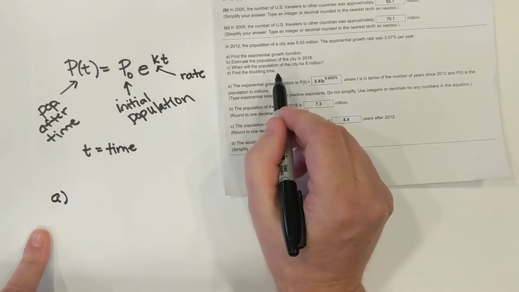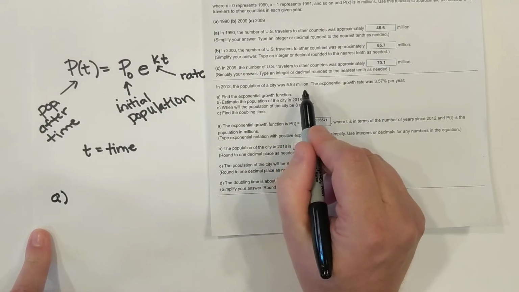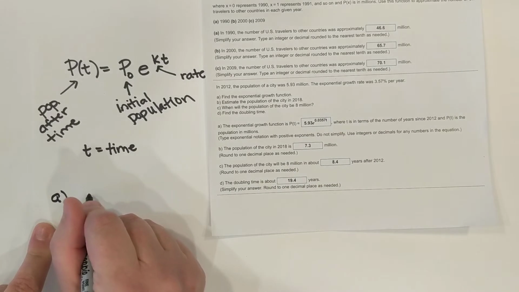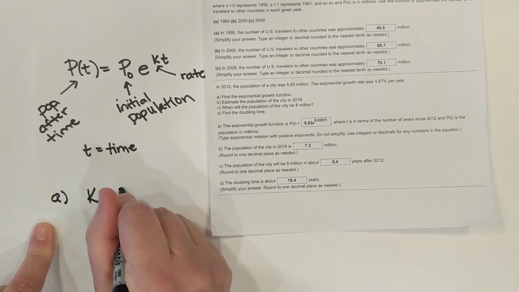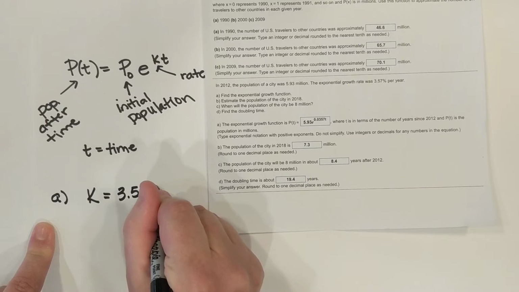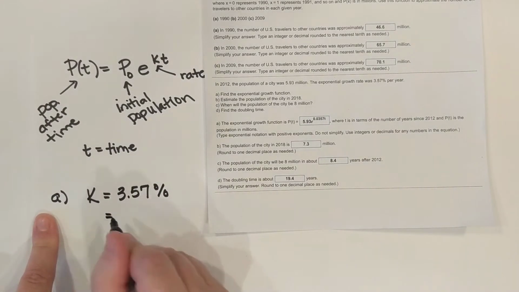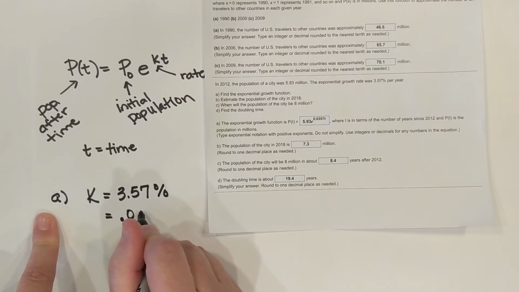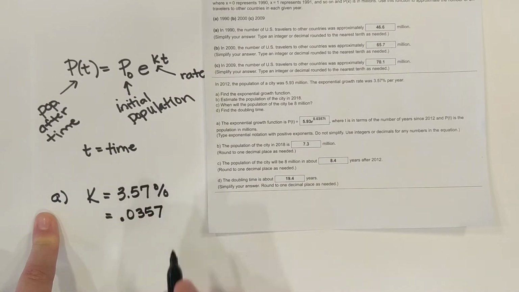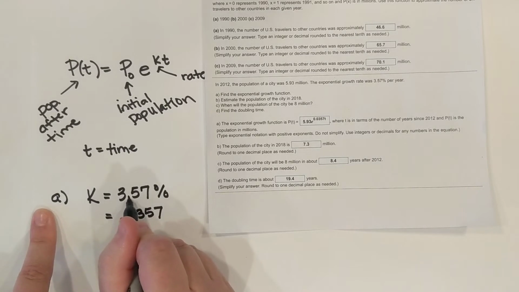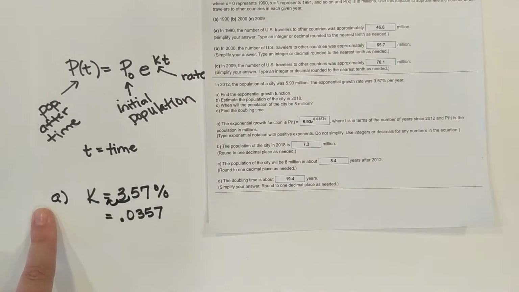All right, so on part A, find the function. So I need to just go take these numbers and plug them in. Okay, so now K is the growth rate, which it gave me 3.57%, but I don't plug the percent in. I need to plug in the decimal, which would be this. You divide by 100 or move that decimal place to the left 2 spots. So 0.0357 is what I'll type in and put in the function.